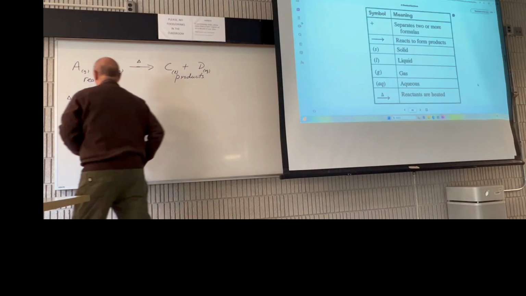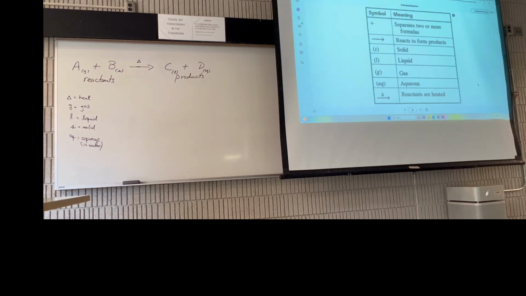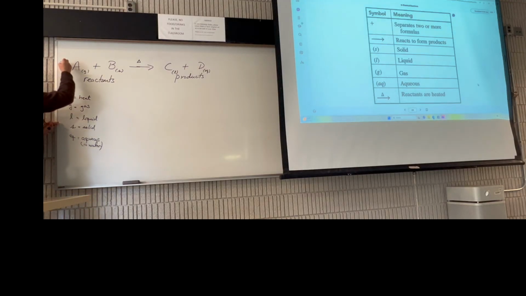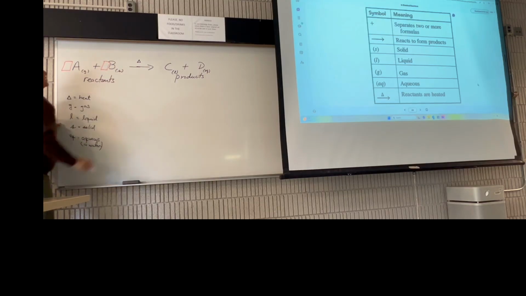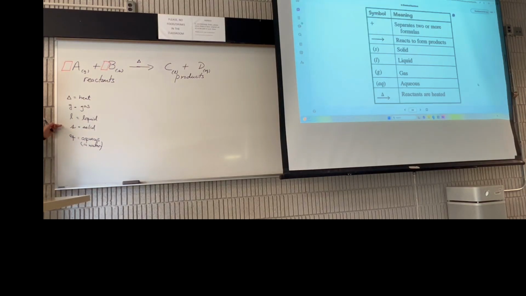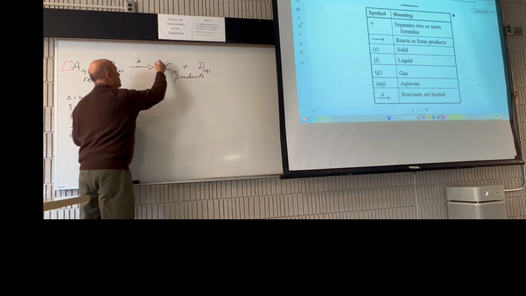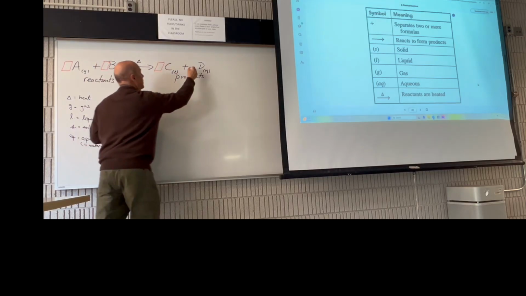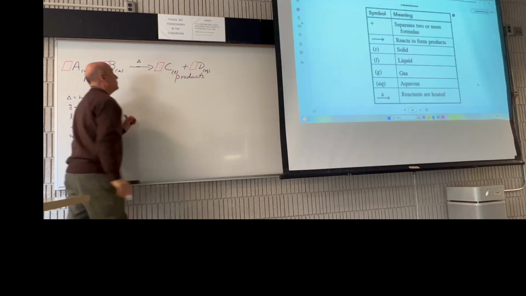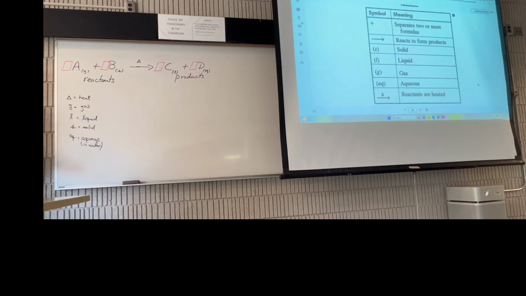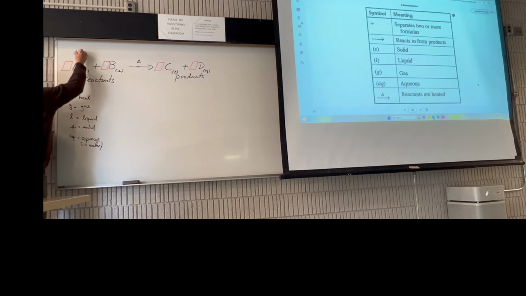Now, not necessarily in every reaction, but in some reactions, you may have a number in front of the symbol for the chemicals that are involved. Those numbers, which I'm not showing here, but I'm showing you the location, are known as coefficients.